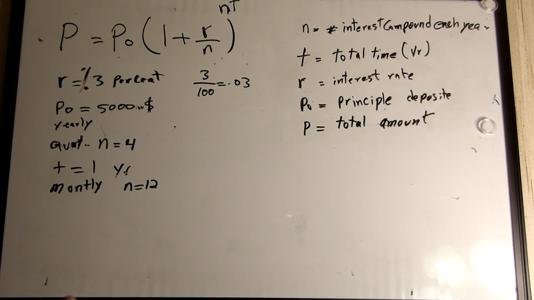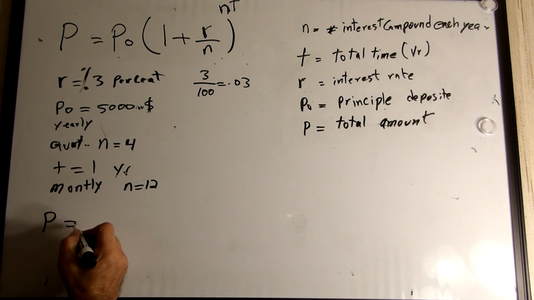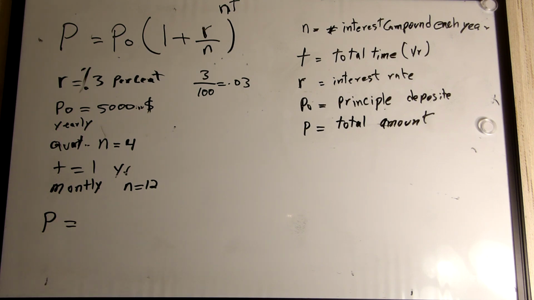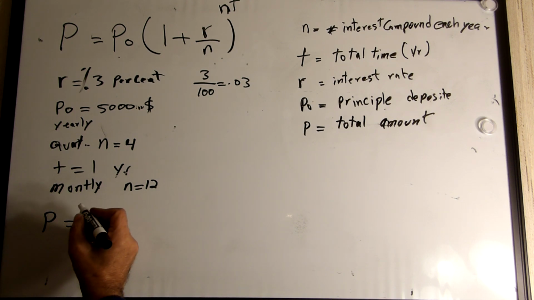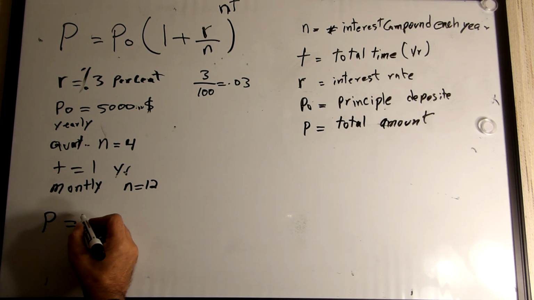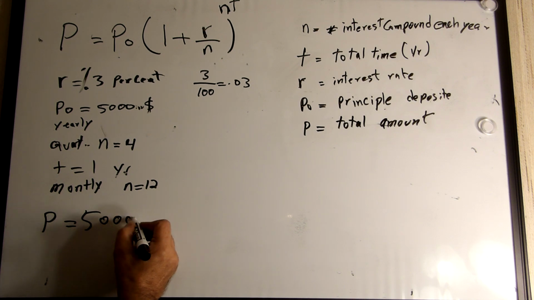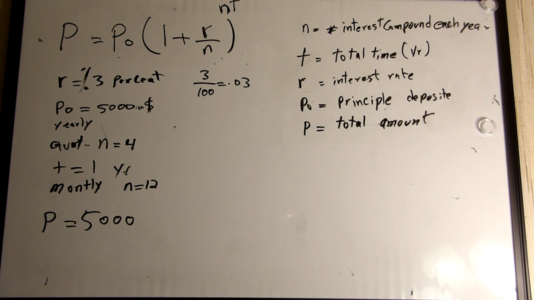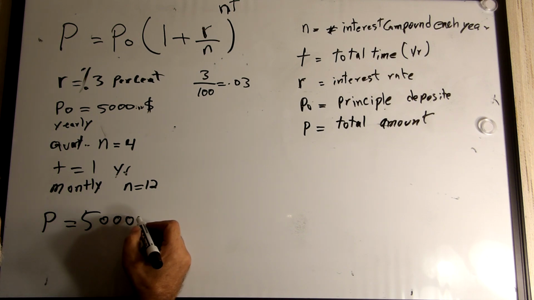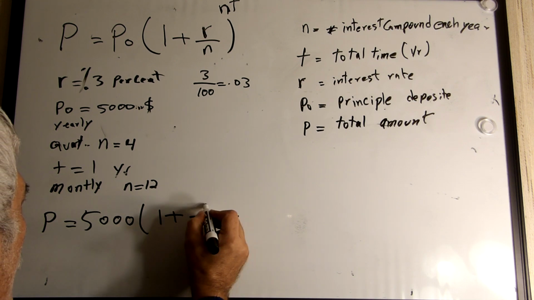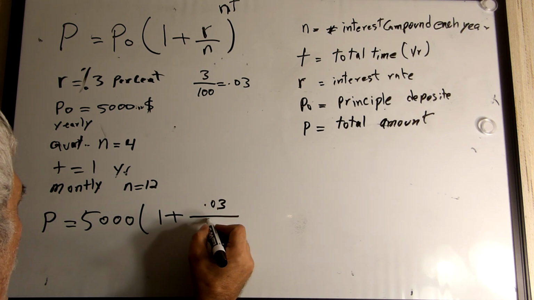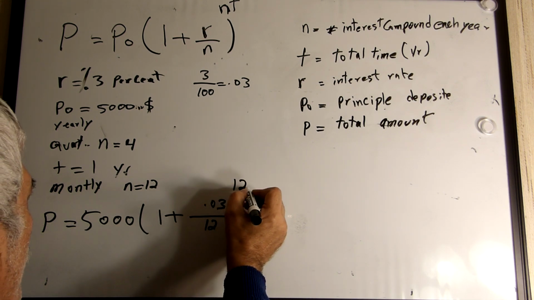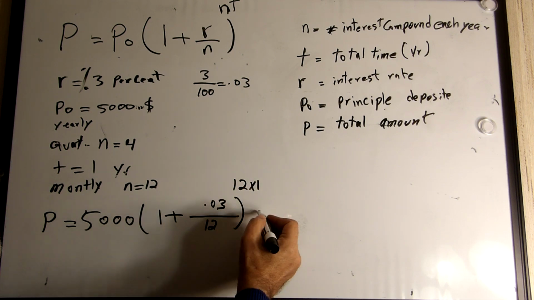So you put n, you want to find out if we compounded monthly, it's going to be 1 plus 0.03 divided by 12, and 12 times 1. This is 1 year. We're talking about 1 year.